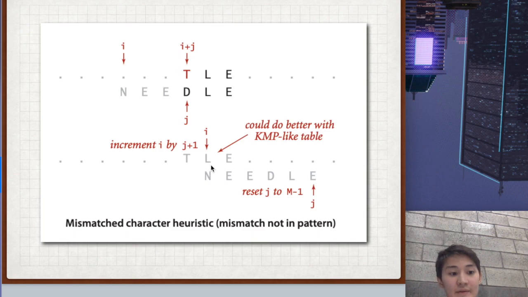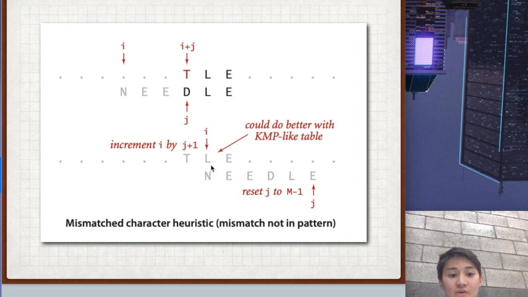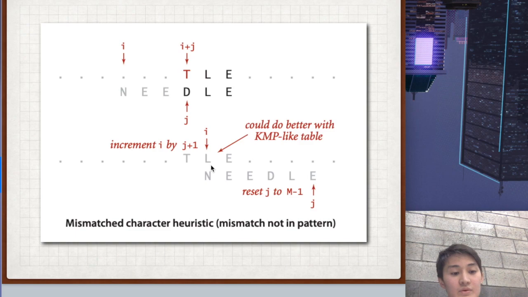Anything less would align that character with some pattern character. Actually, this move aligns some known characters at the beginning of the pattern with known characters at the end of the pattern, so that we could further increase i by precomputing a table like the KMP table.